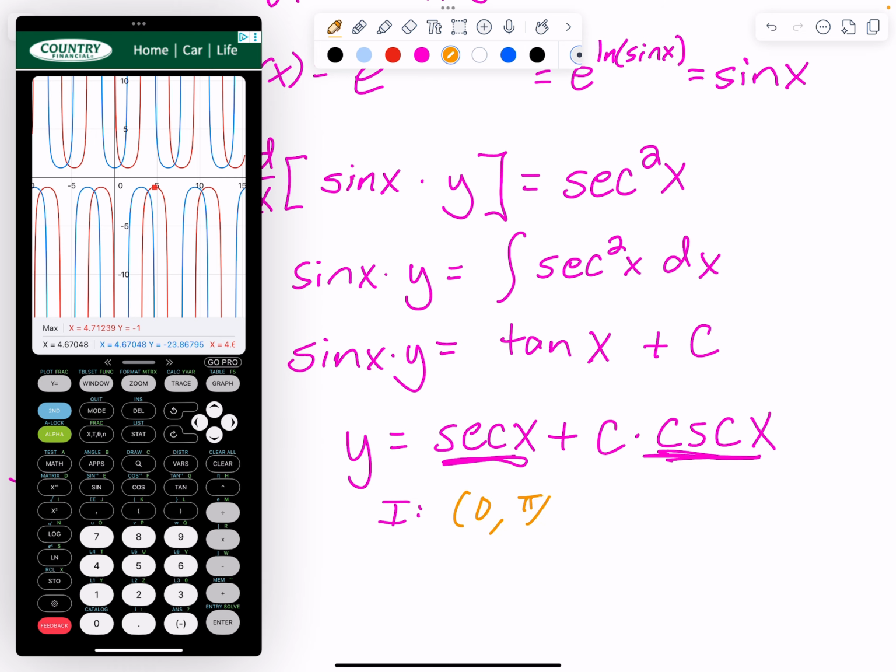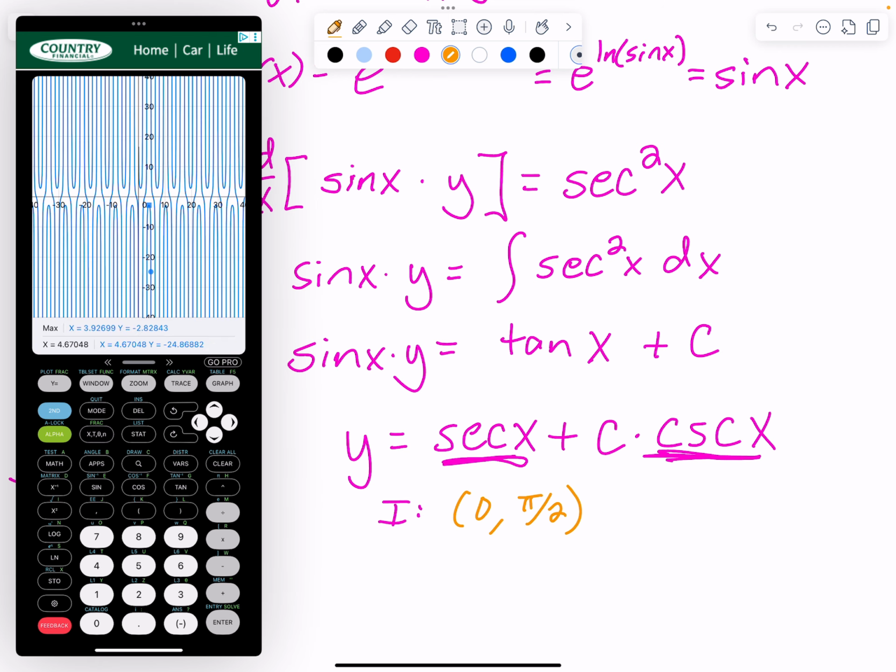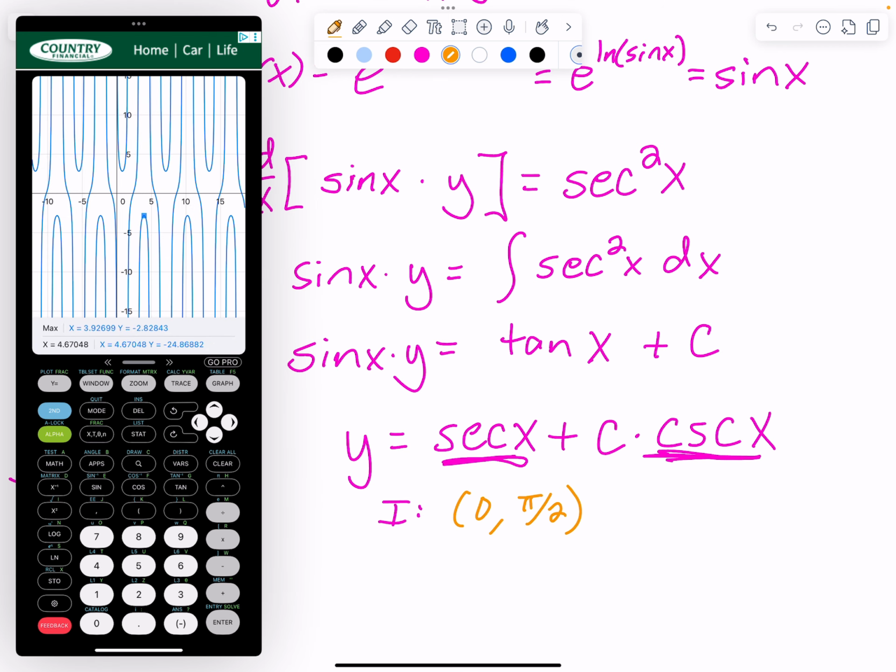Let's try to plug in the function, because I'm curious now if it will show the right one, that I was just in the wrong angle mode. So, y equals 1 over cosine x plus 1 over sine x graph. There we go. So you can see all those inconsistencies. So 0 to pi over 2 is the only thing that's going to work.